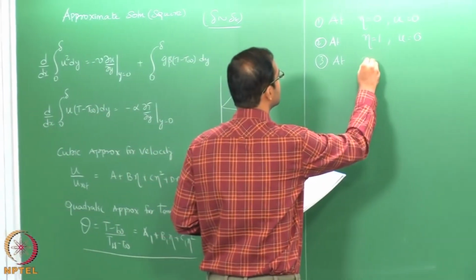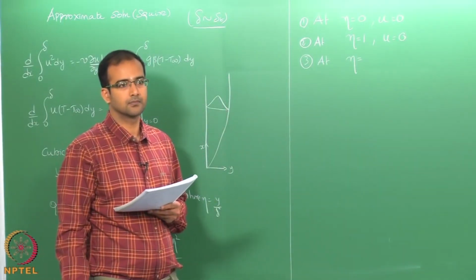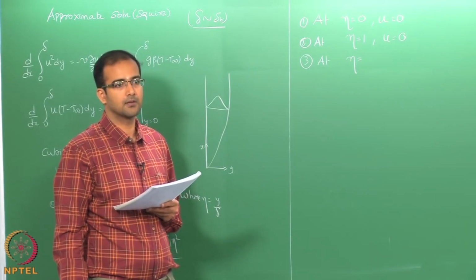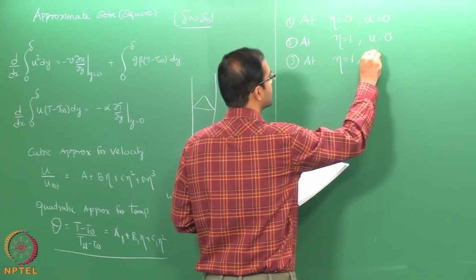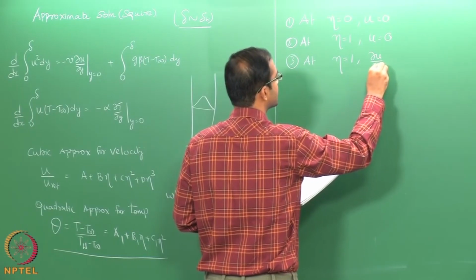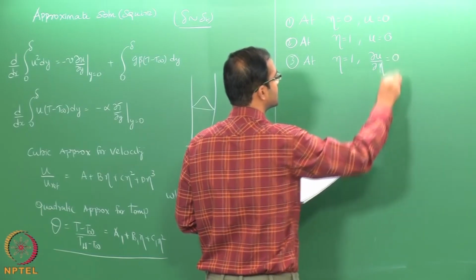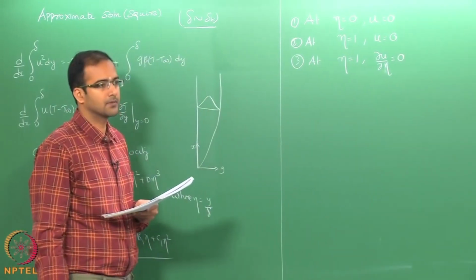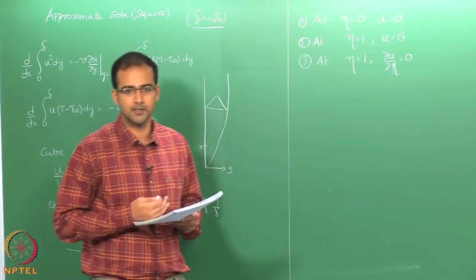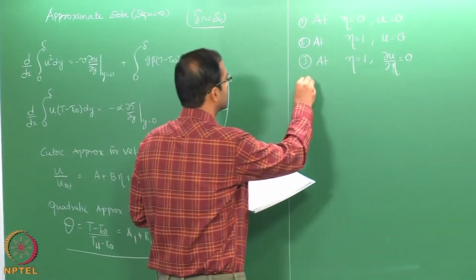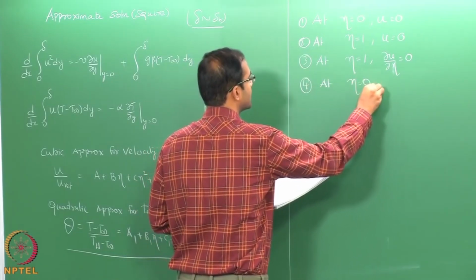At eta equal to 1. What is the condition? du by dy, or du by d eta, is equal to 0. So, before we give a boundary condition to the higher order derivatives, we have to give it to the first order derivative. Okay. So, if you apply the fourth boundary condition at the wall, what would it be?